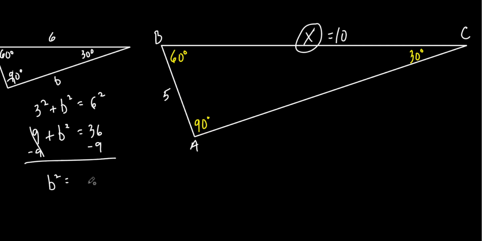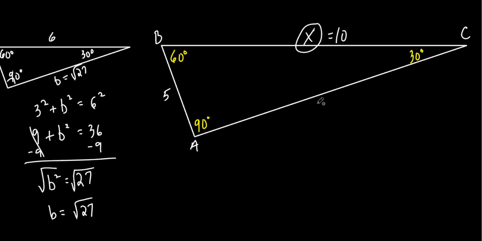Is that right? Yeah. 27 and 9 is 36. Yep, it's 27. Now, what do we do to get b by itself? Square root. Okay, so b is equal to the square root of 27. Now, they're not going to ask you to do this. We're just doing this on our own just because it's kind of fun, all right? So b is the square root of 27.